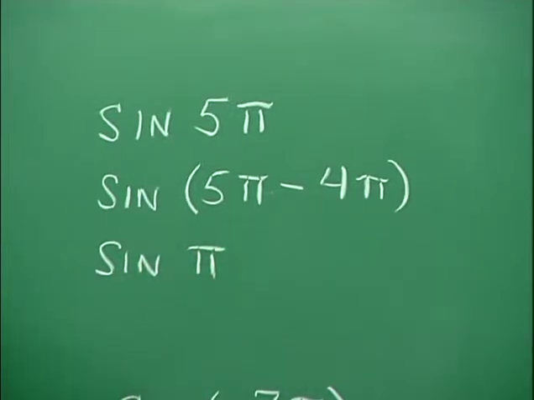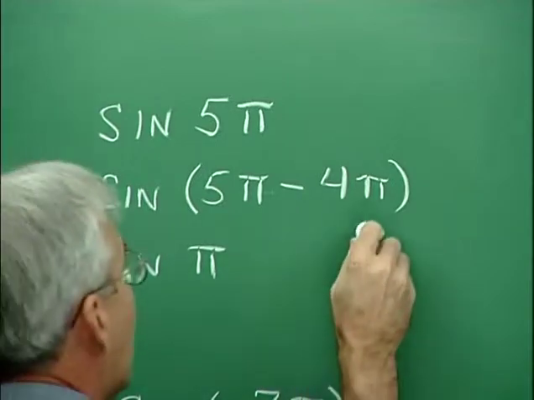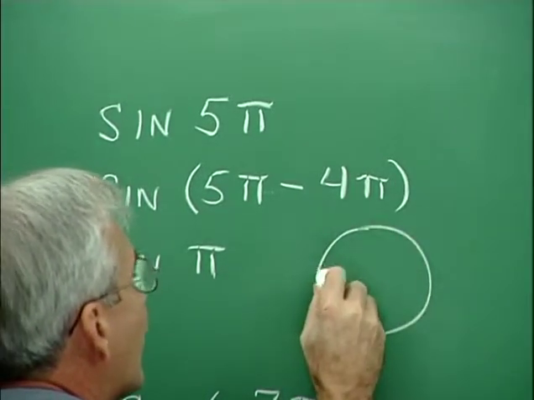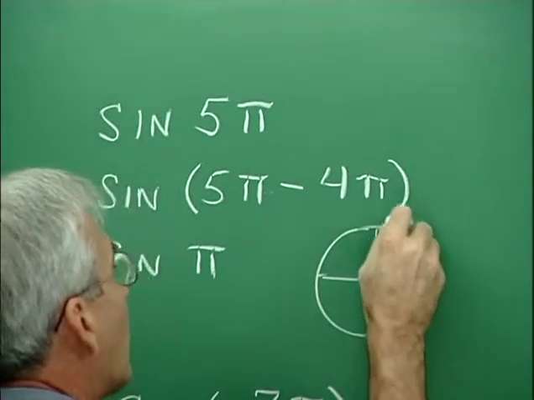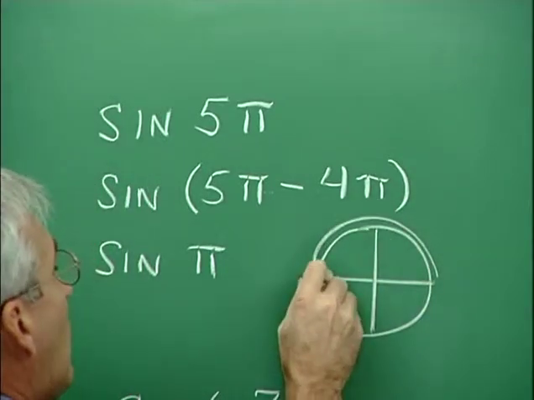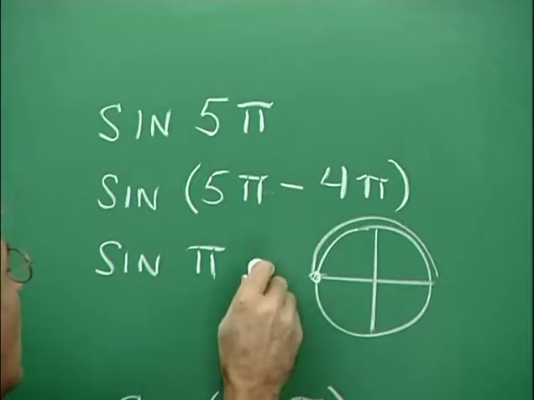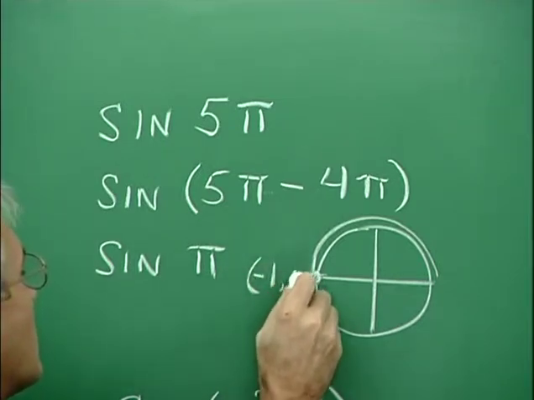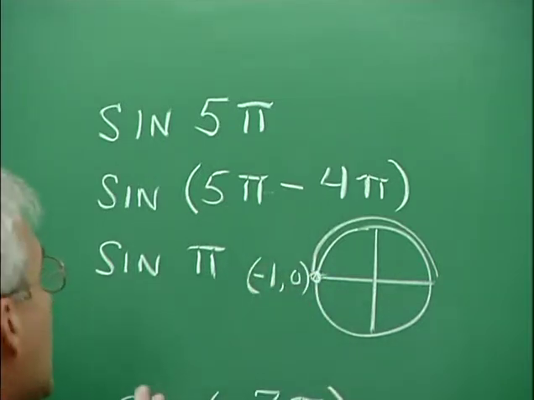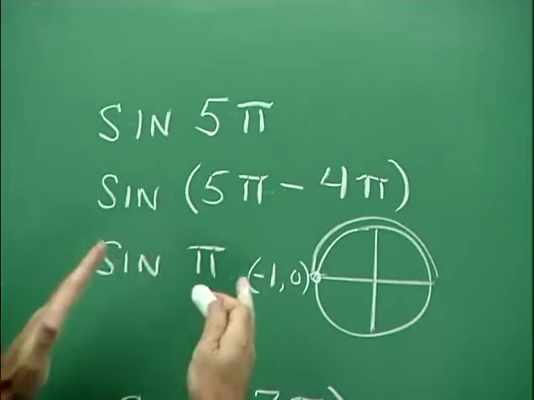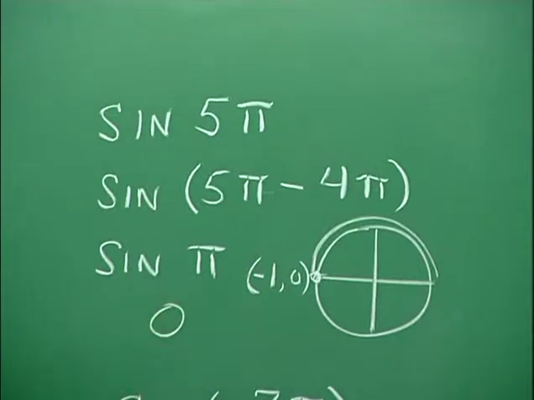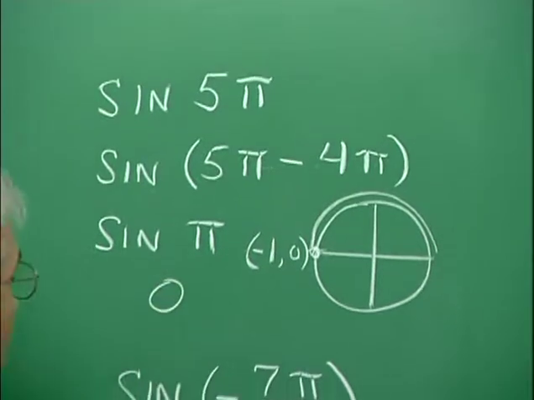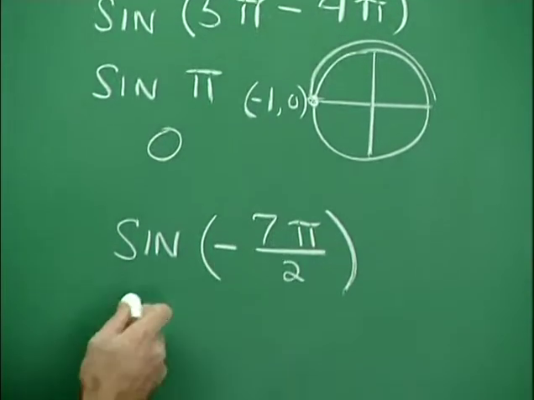Now, I know something about the sine of pi. A distance of pi is a distance around to this point, and the coordinates of that point are -1, 0. I know that the sine of a real number is equal to the y component, so this becomes simply 0.